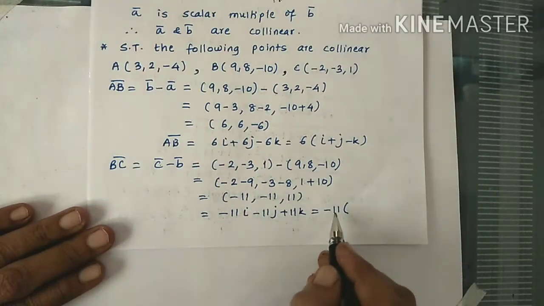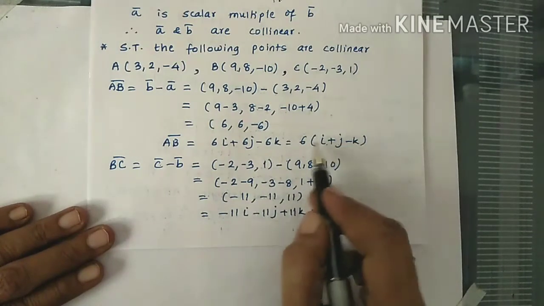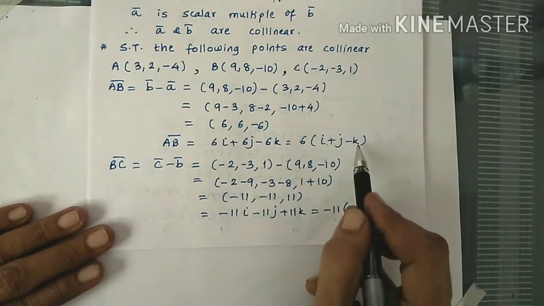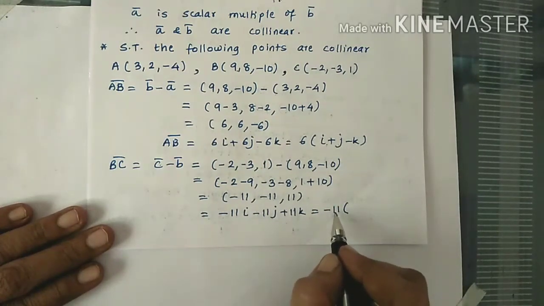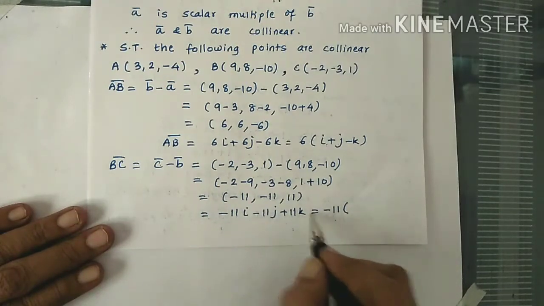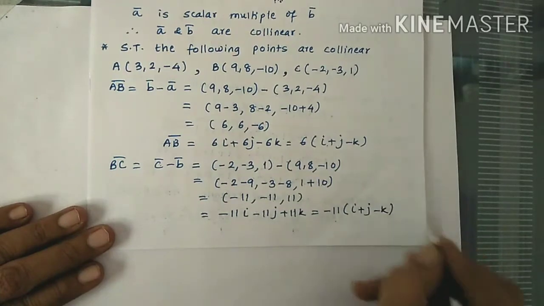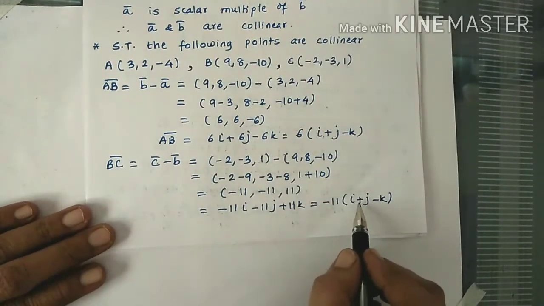Because we want AB bar here. In AB bar we have i plus j minus k. Forget about the scalar. We want the vector part. So the vector part is i plus j minus k. We want that part in BC bar. So if we take minus 11 common, then only we get that part, i plus j minus k. Okay. So we have this vector part of AB bar in BC bar too.